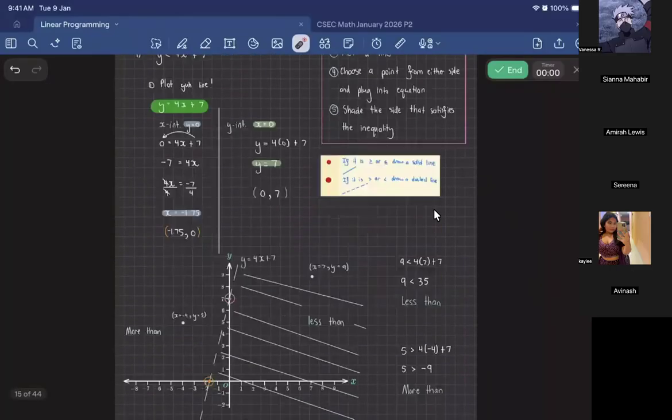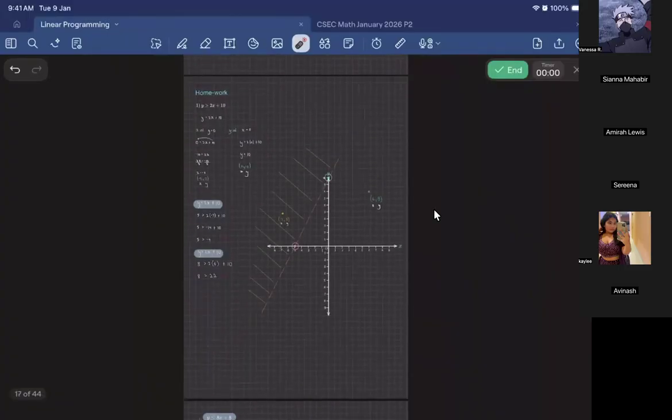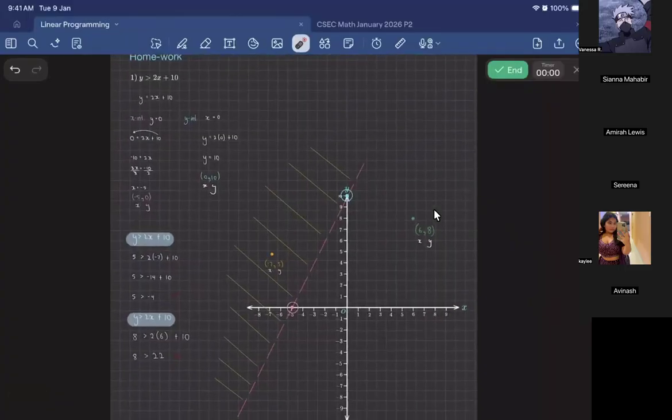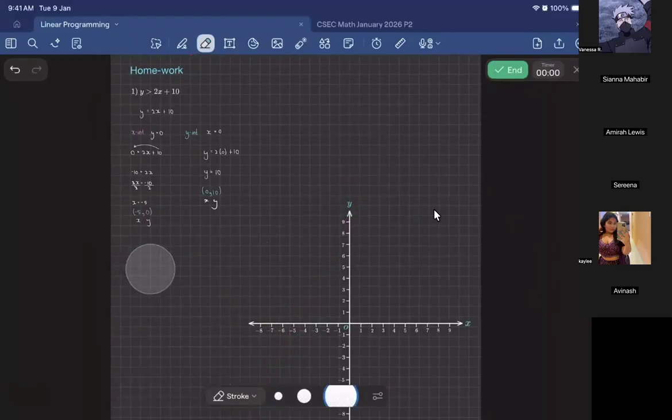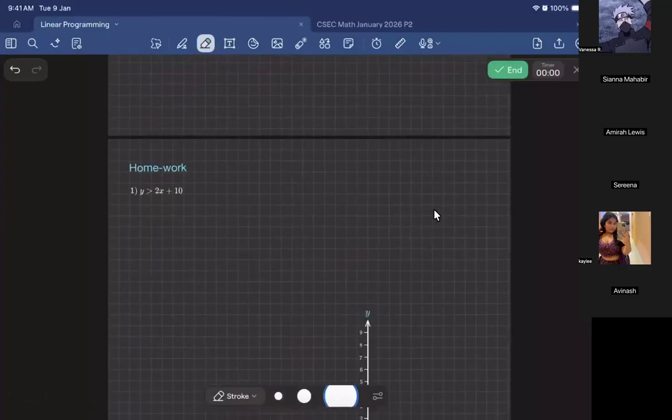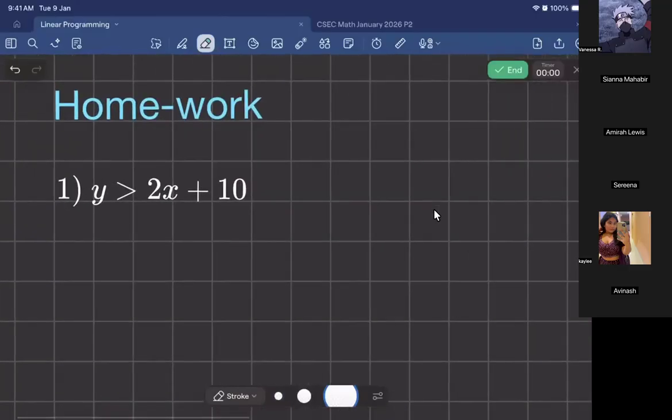So let me jump straight into our question. Not necessarily a past paper question, but just to get you all familiarized. We want to sketch this graph. According to what you just wrote down, what's the first step?